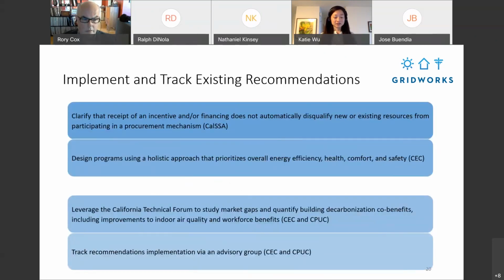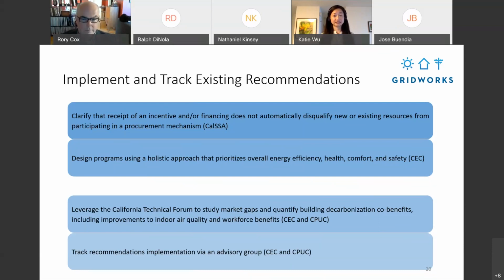And I do want to be specific about what recommendations are available. In Scott Murdershaw's paper that he developed for CalSet, he includes very detailed recommendations on decision-making actions that the CPUC can take to clarify the ongoing value stream of projects. In the CEC's Clean Energy and Low-Income Multifamily Buildings, they suggest designing programs with a holistic approach to prioritize efficiency, health, comfort, and safety.